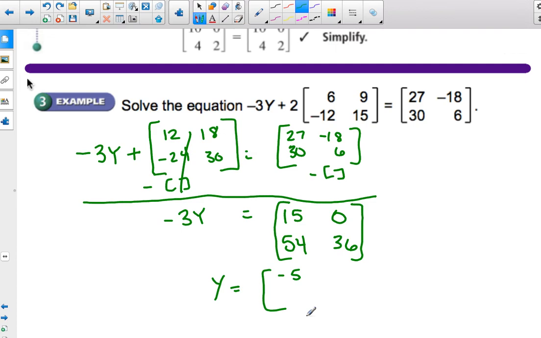I think it's 18. Yep. Okay. So this gives us negative 18. This gives us 0. And 36 divided by negative 3 is going to give us a negative 12.